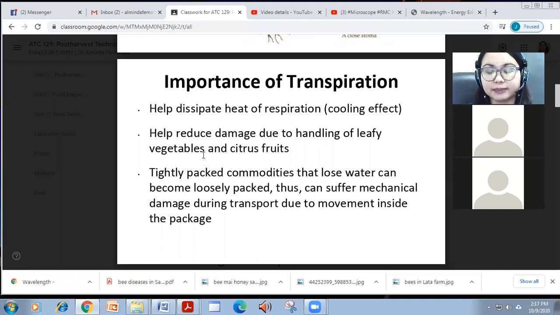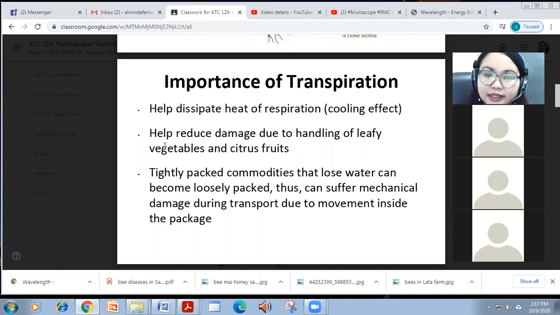Once the transpiration is high, the water is lost. So although it is stated here that it helps reduce damage due to handling of leafy vegetables and citrus fruits, it also has side effects.